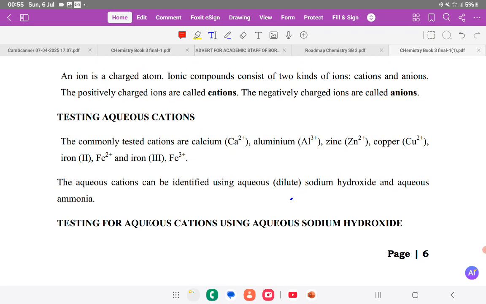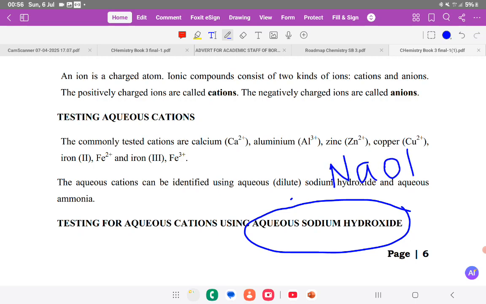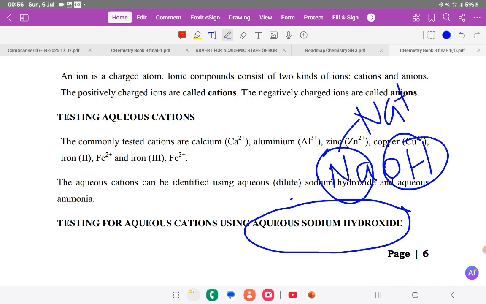All right, so testing for cations using aqueous sodium hydroxide. The analytical substance we use here, the test reagent, is aqueous sodium hydroxide solution. Sodium hydroxide is NaOH. It's made up of sodium and hydroxide ions. This is Na+ and the OH-.